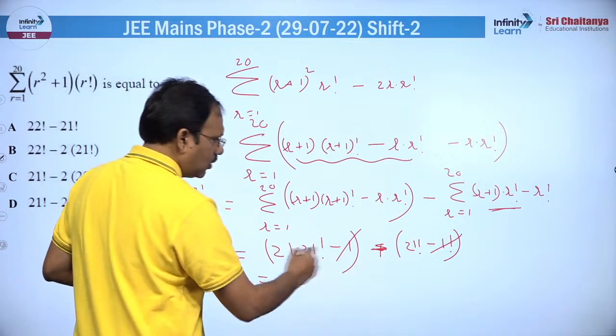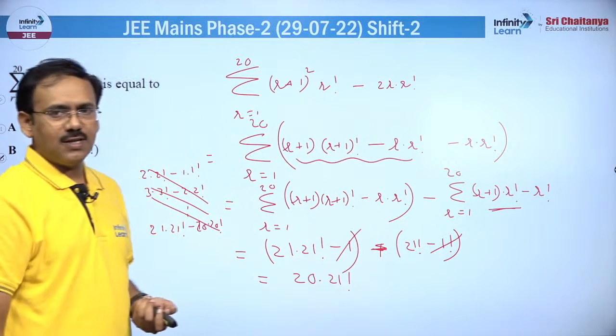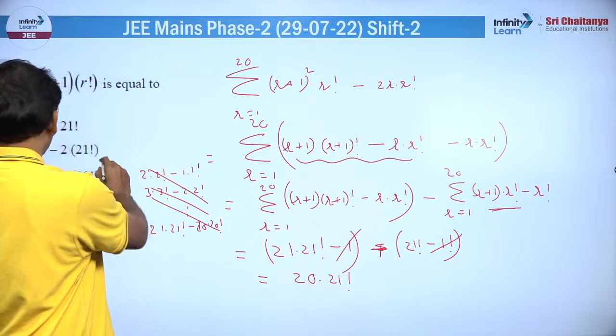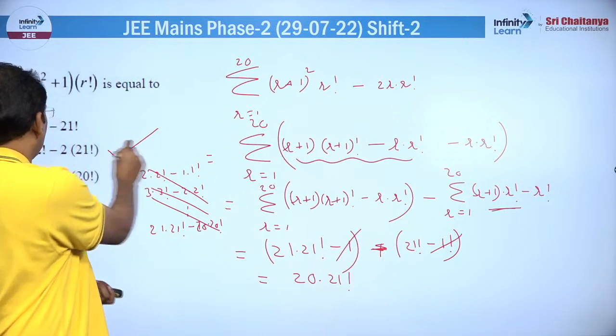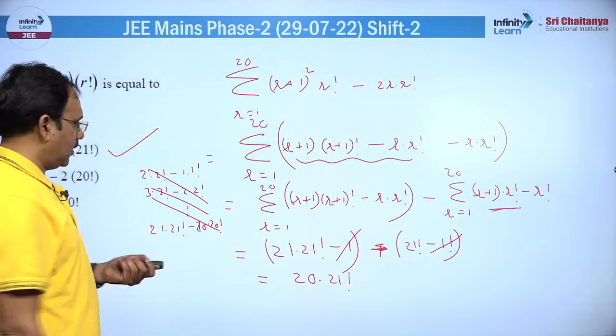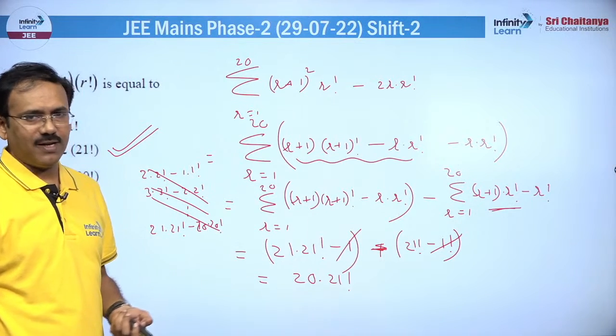If you take 21 factorial common, you will get 20 into 21 factorial as the answer. In the options, if you take 21 factorial common, 22 minus 2 is going to be 20. So option B matches with 20 into 21 factorial, my dear friends.